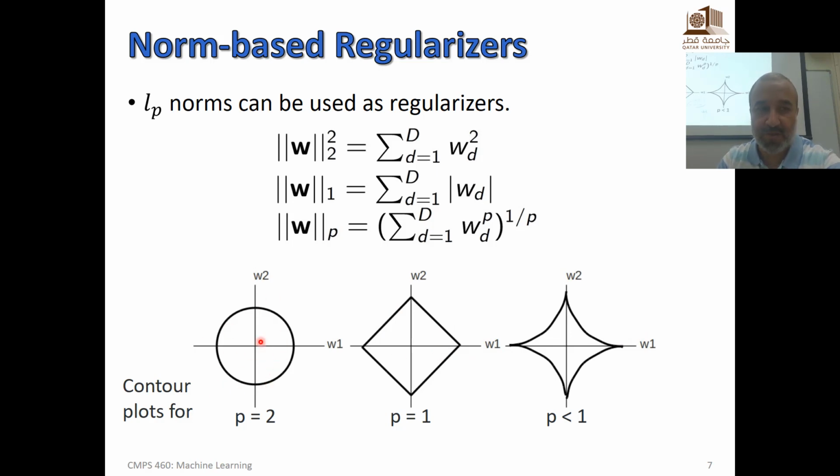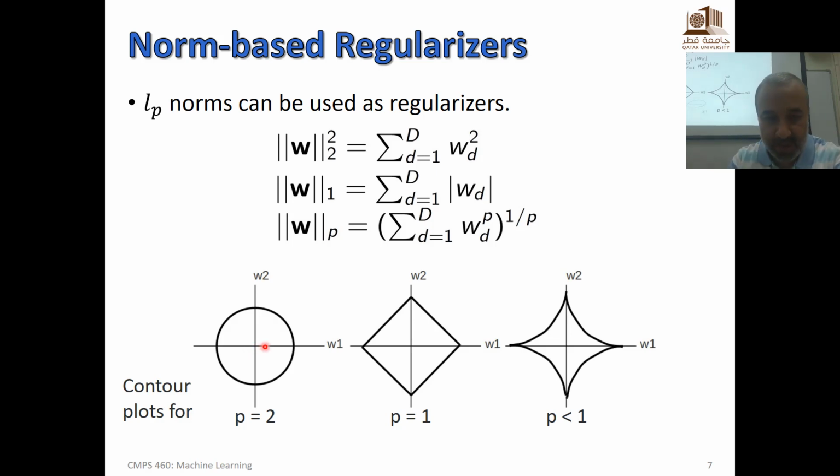What are we doing here? We assume that we have just two features, so we have two weights only, just for simplicity. Okay? So this is weight 1, this is weight 2. And on that plot, you will see this circle indicates the L2 norm for the corresponding values of W1 and W2.